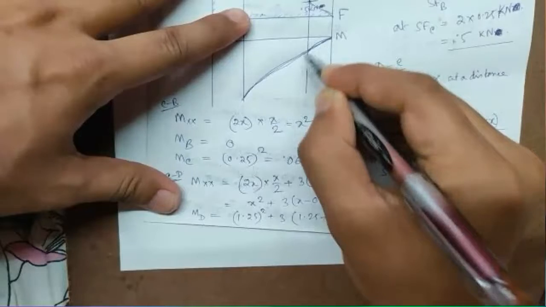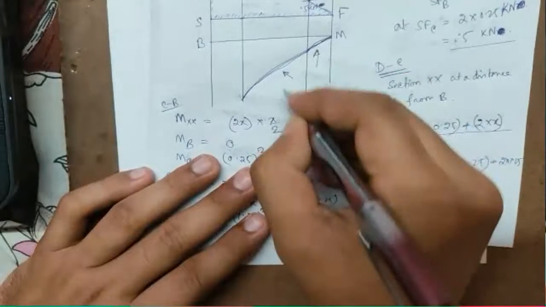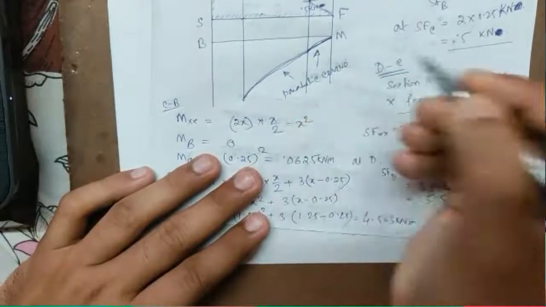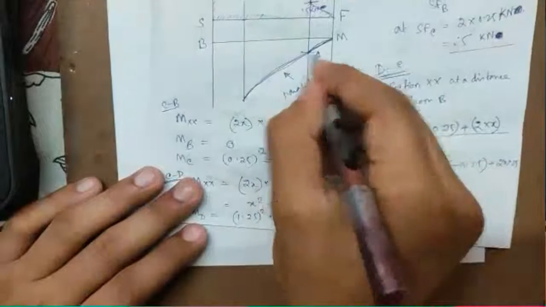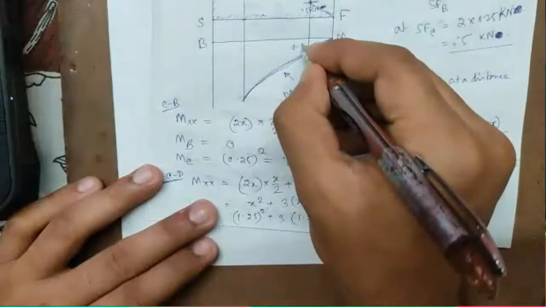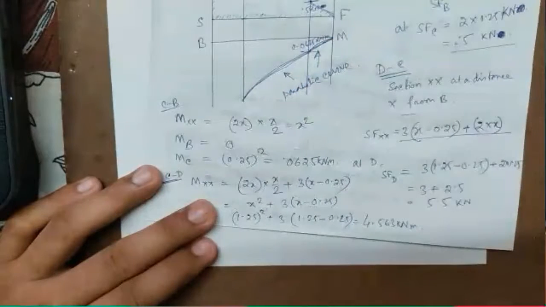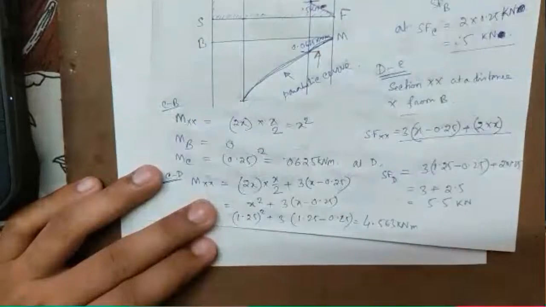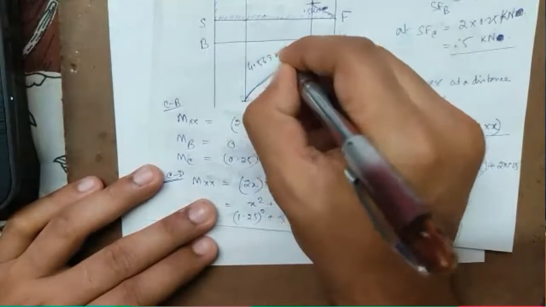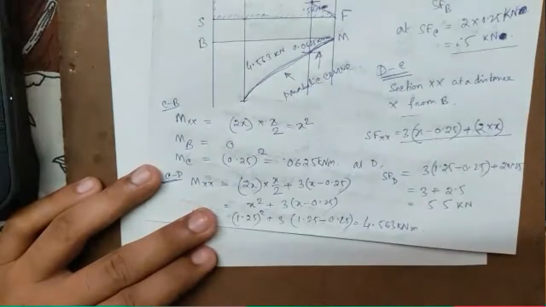So this will be a parabolic one, this will also be a parabolic one, parabolic curve, while this point will be 0.0625 kilonewton meter, this point will be 4.563 kilonewton meter at D.